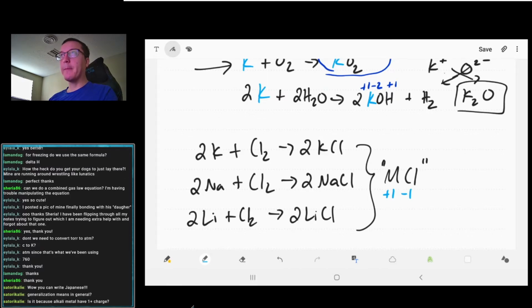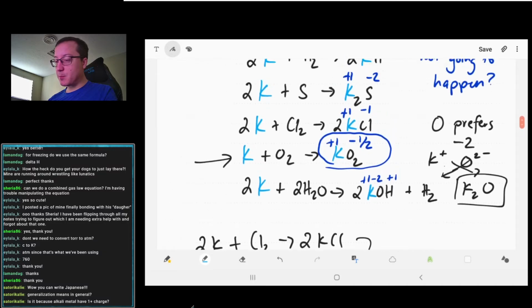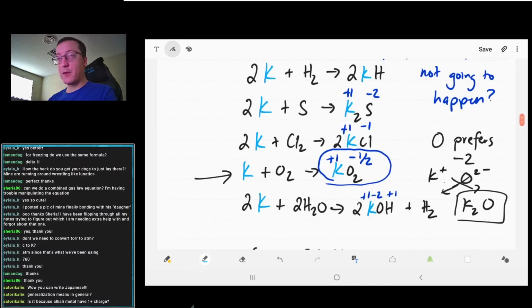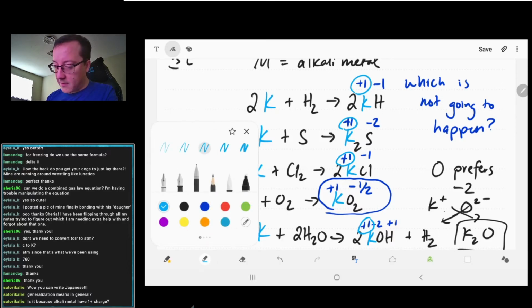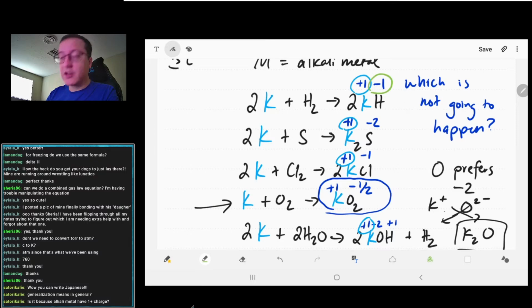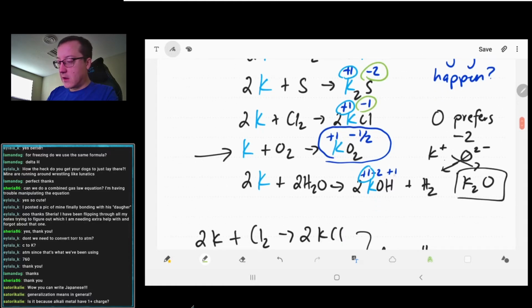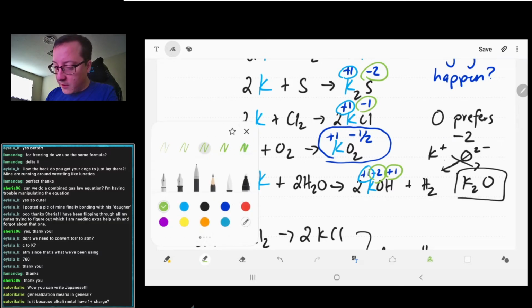Exactly. So all of these products, except for the fourth one, have alkali metals with +1. Except for if we did +1, we get something very strange for oxygen. So remembering that for our negative charges, hydrogen could go -1, that's allowed. Sulfur likes to be -2, that's good. Chlorine likes to be -1. And hydrogen and oxygen here. So this is the only one that is weird.